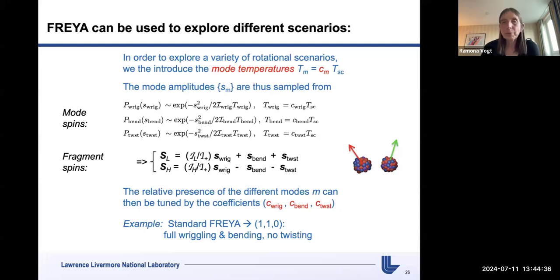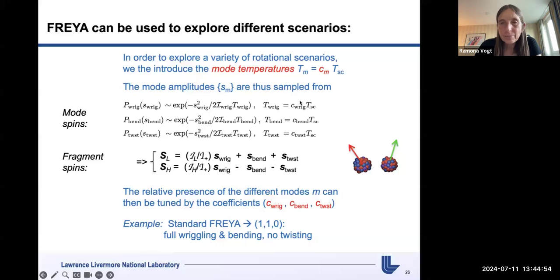And remember I mentioned the parameter C_S? Well, we can study the effects of the different contributions of these spin fluctuations by tuning the coefficients.